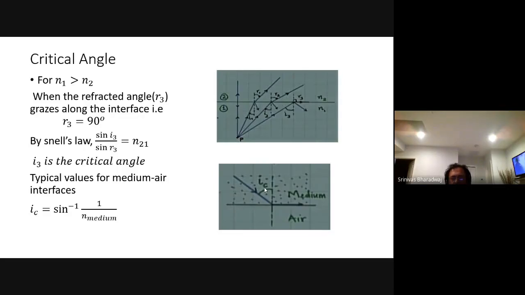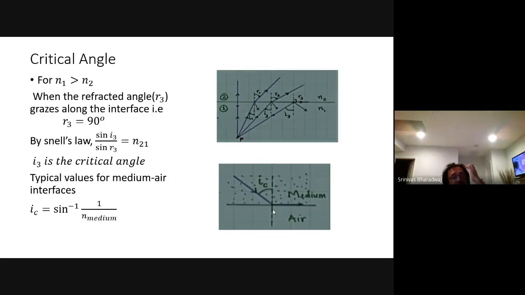Because at that angle, the refracted angle will become 90 degrees, so sin I by sin r will apply.